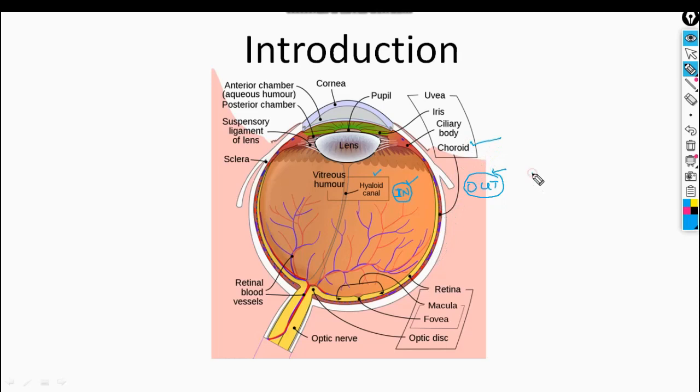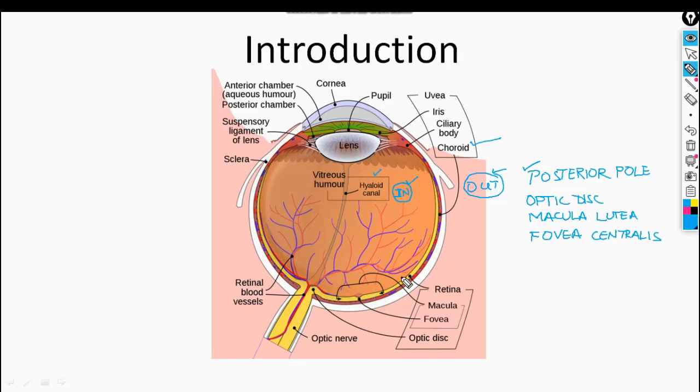Now we will see what is the posterior pole, what is the optic disc, what is the macula lutea, what is the fovea centralis. First try to understand what the posterior pole is. This curvature that you see here is the posterior curvature.